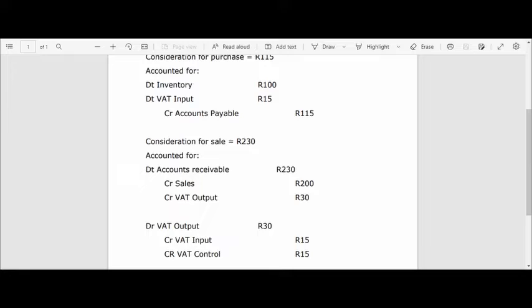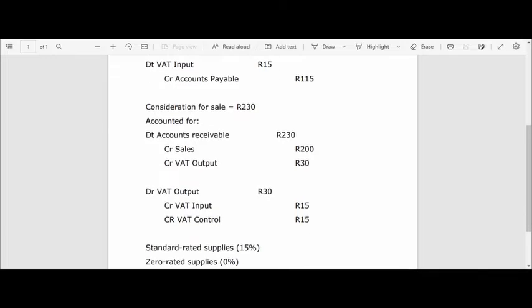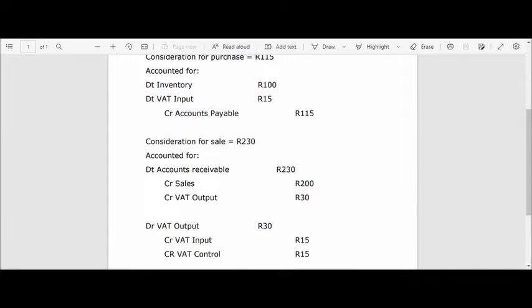For that purpose, we create a third value-added tax account, which we call the VAT control account. Now you must remember, during the course of that 2 month period, you would have had many acquisitions, thousands of them, and hopefully thousands of sales as well, right?